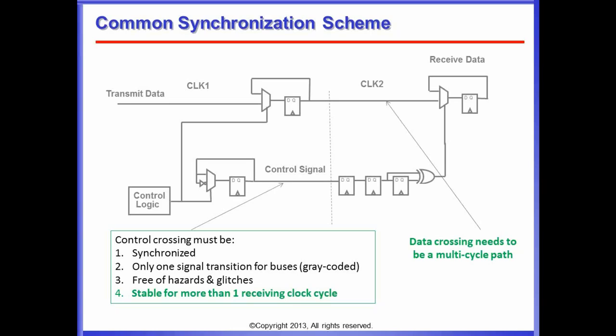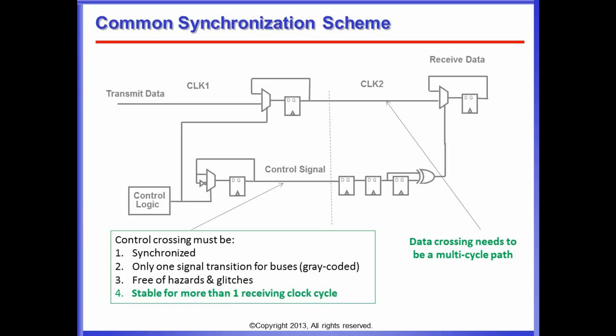So what you can find out with the structural analysis is whether this is a true multi-cycle path, where the data shouldn't be captured with the first edge of the receiving clock but with the second edge, to avoid any kind of, let's say, garbage coming in here being captured.